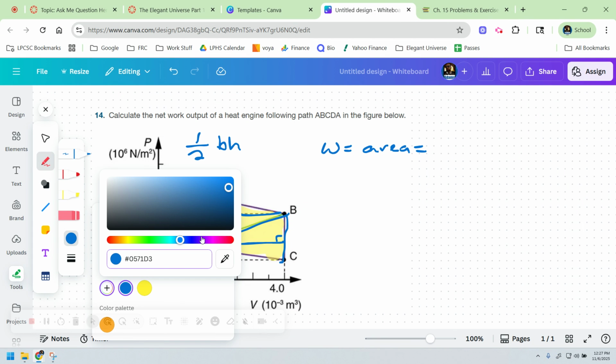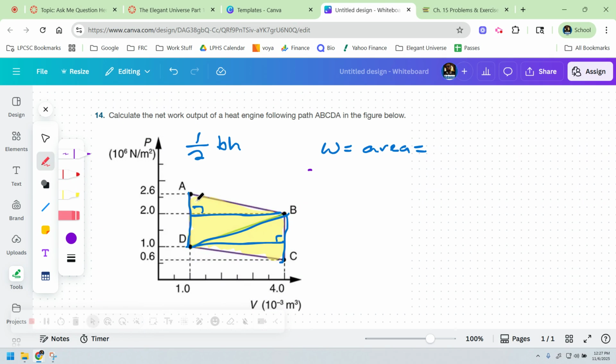Let's pick a color. I'm going to do this little triangle first. So I'm going to say 0.5 times the base, which will be A to D. It looks like D is at 1 and A is at 2.6, so that's about 1.6 times 10 to the 6th.